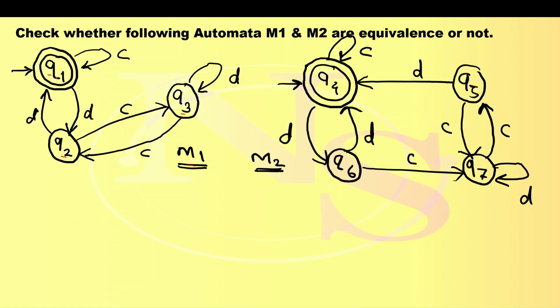In this example, we need to check whether M1 and M2 are equivalent or not. How to check it? What is the starting state of M1? It's Q1. What is the starting state of M2? It's Q4. We will construct a table here, and from the table we can conclude whether both are equivalent or not.